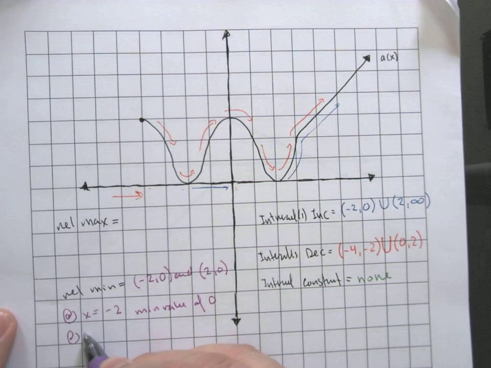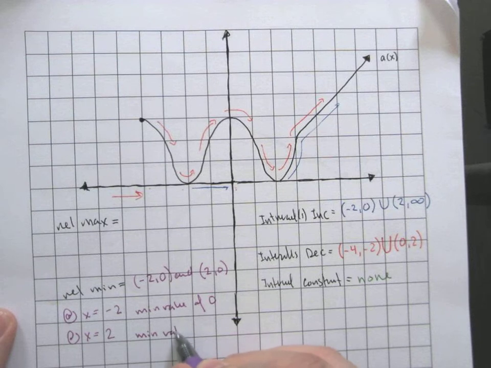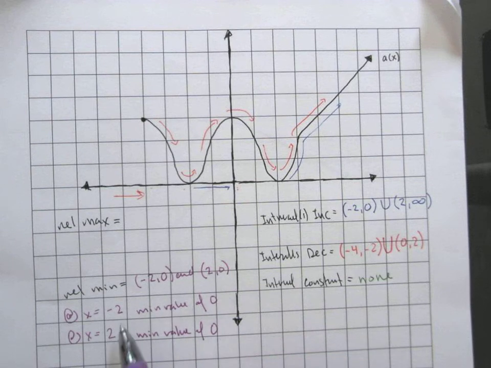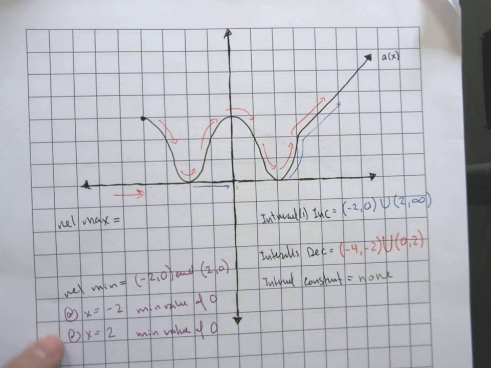So we could also say at x equals +2, we have a min value of 0, right? So just sort of taking these two coordinates and writing them in a slightly different way. The homework looks a little bit more like these second two, but obviously there's a couple different ways that we could be explaining this information.